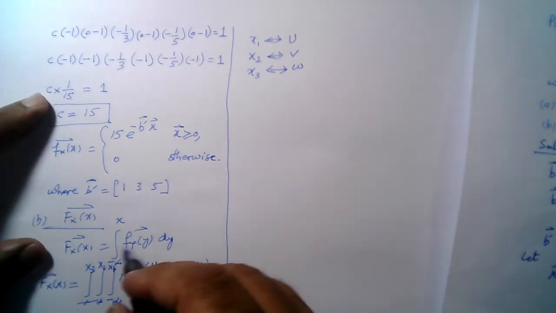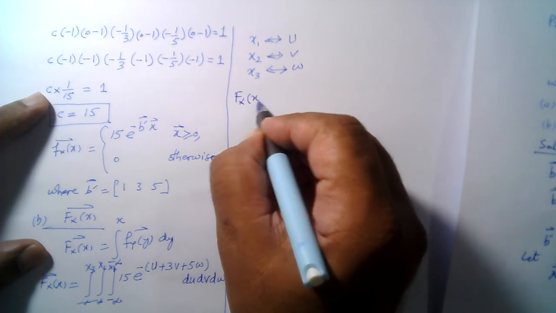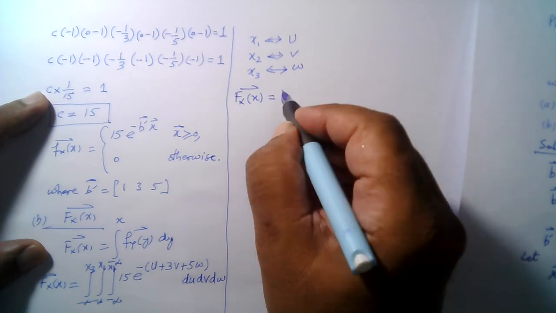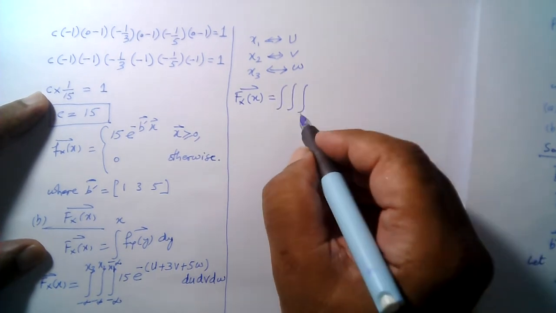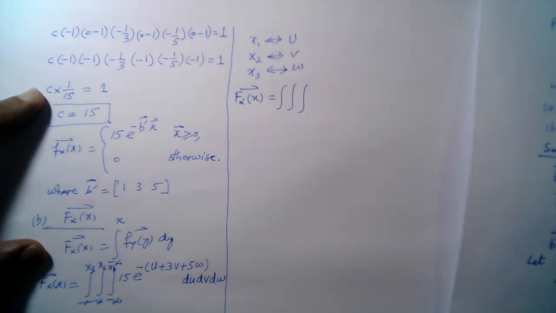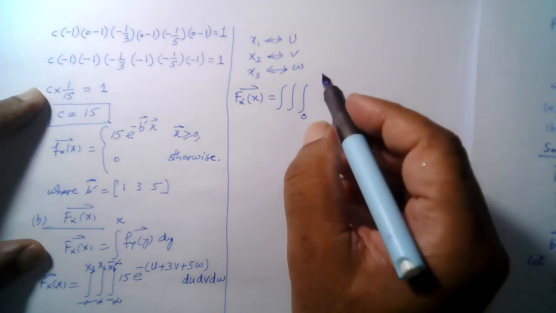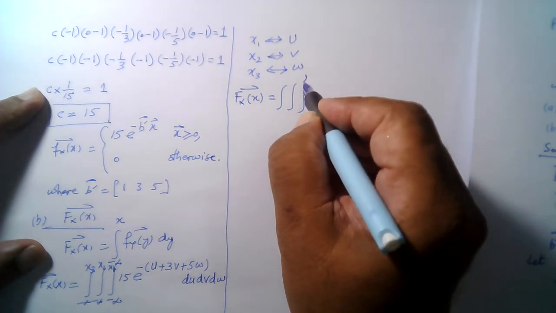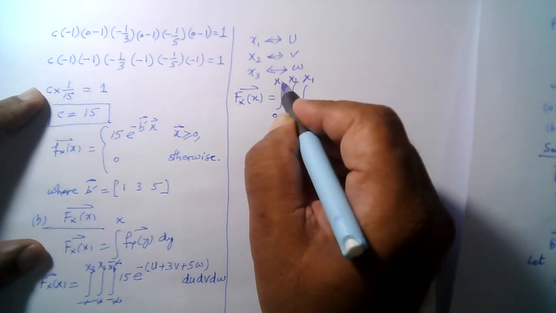So like we did earlier, this triple integral could be split up because these are individual functions of individual variables. So the lower limit will be 0 because x1, x2 and x3 are greater than or equal to 0. So this will be 0 to x1 here, 0 to x2 here, and 0 to x3 here.